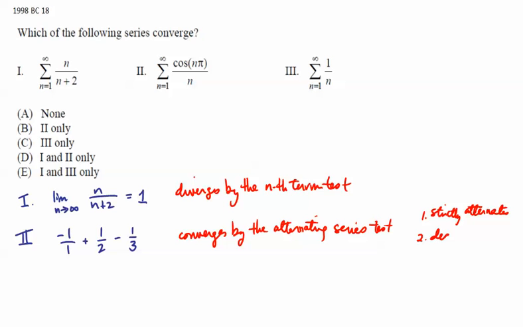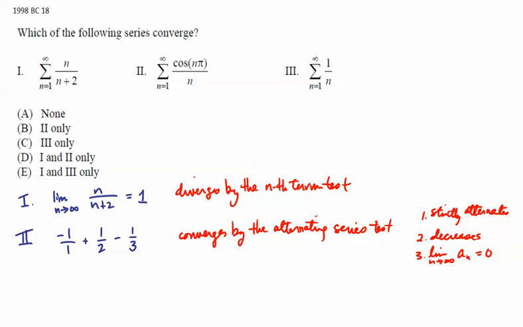And it decreases, and the limit as n approaches infinity of a sub n is equal to 0. So it strictly alternates and it decreases to 0. So that's an example of the alternating series test, but we know it as the alternating harmonic series which converges.